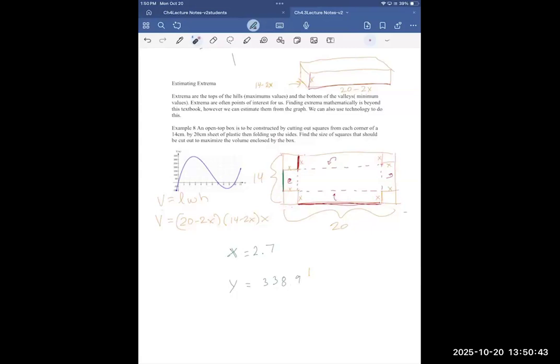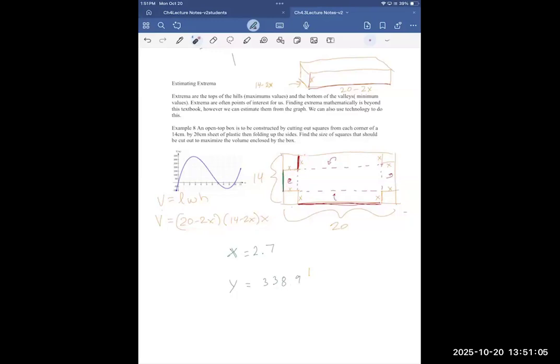So 14 minus 2x is the width of this box. Then notice when we fold this up, the height is going to be that x itself. So we have an equation here, (20 minus 2x) times (14 minus 2x) times x. It was important I put these in parentheses, right?